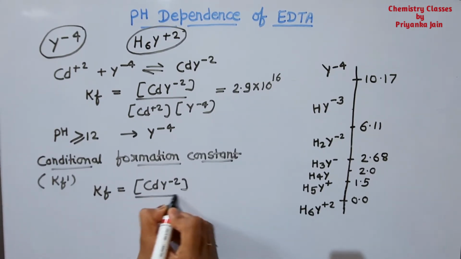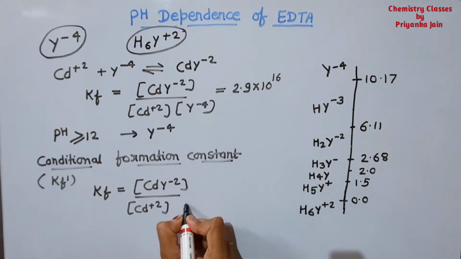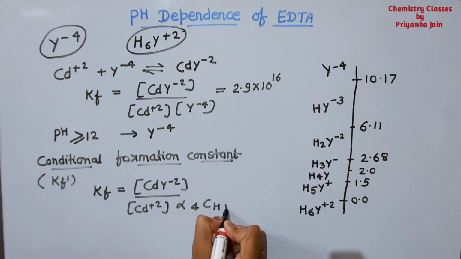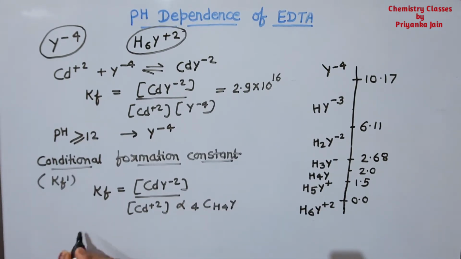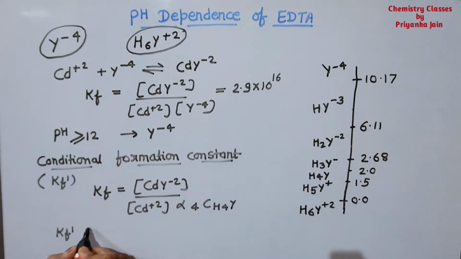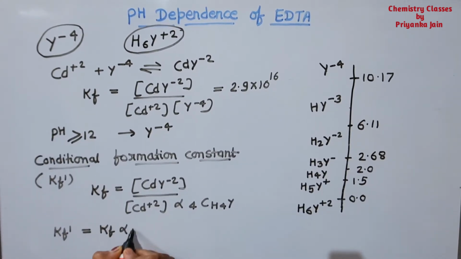If Kf is given by CdY minus 2 divided by Cd plus 2 and alpha 4 CT, then the relationship between this Kf dash and this Kf is given by Kf alpha 4.